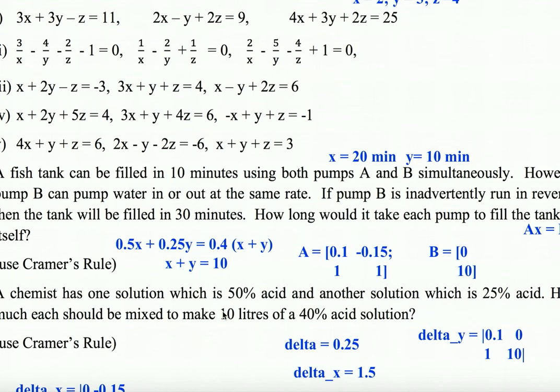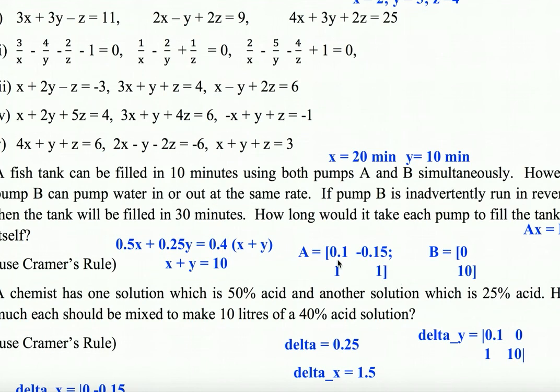Second equation, what is the second equation? x plus y must be equal to 10 liters. Okay, you need 10 liters of 40% acid solution, right? So x plus y must be equal to 10, that is the second equation. So A matrix is 0.1, minus 0.15, 1, 1.